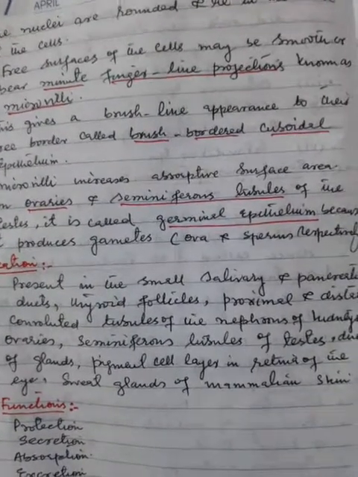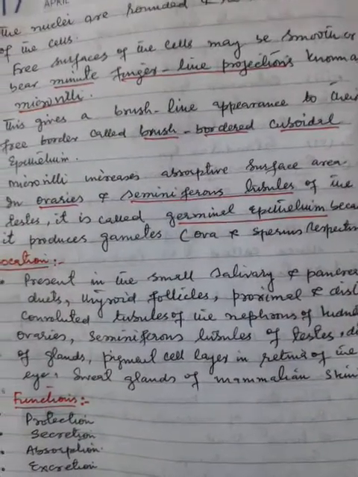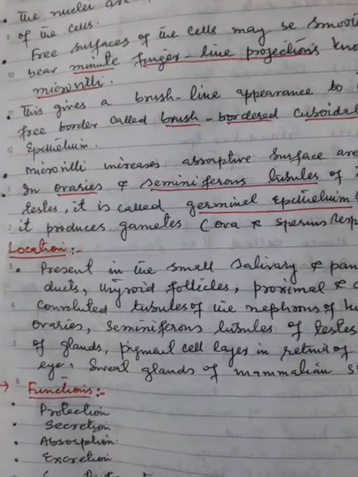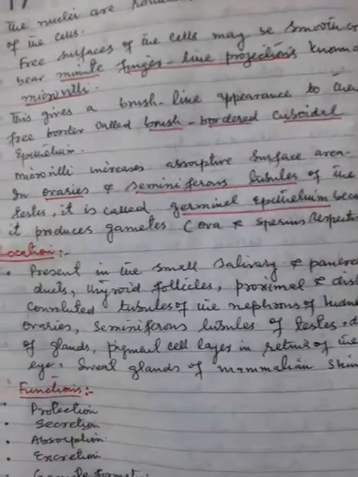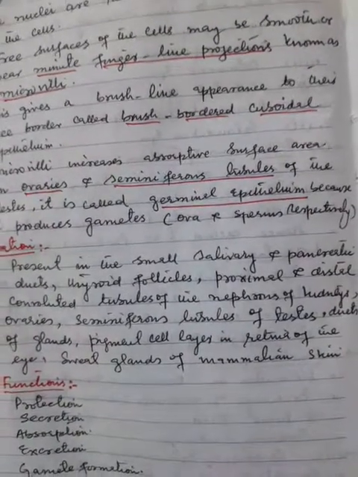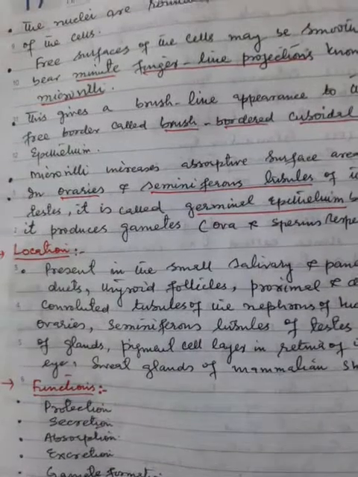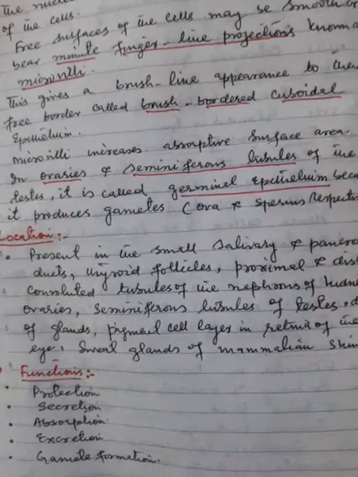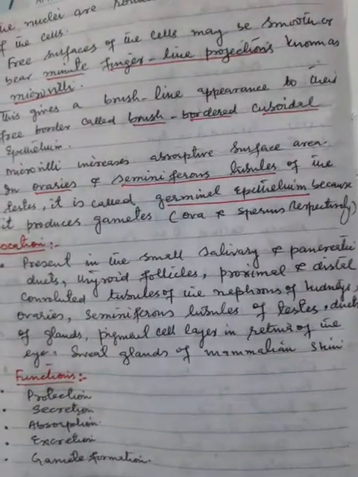Microvilli increase the absorptive surface area. In the ovaries and seminiferous tubules of the testes, it is called germinal epithelium because it produces gametes, ova and sperms respectively.